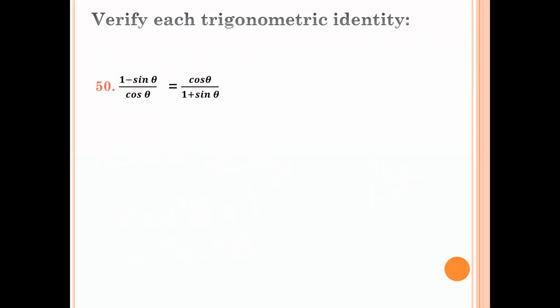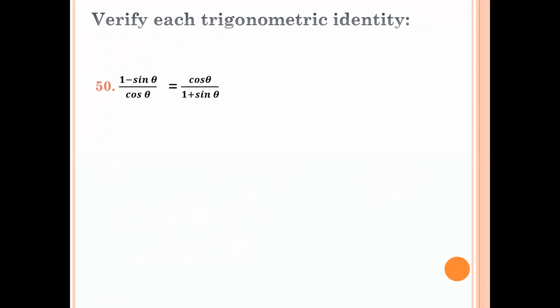Now, I will remind you how I can verify a trigonometric identity. Here, I choose one or two examples to see how I can verify. Number 50 in your book: 1 minus sine over cosine. I want to prove that it is cosine over 1 plus sine. How?